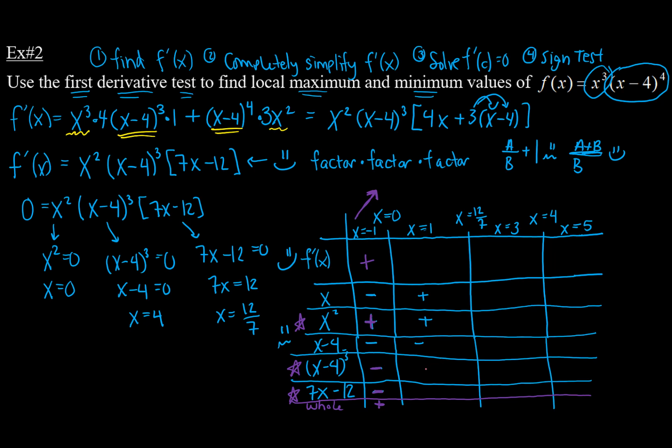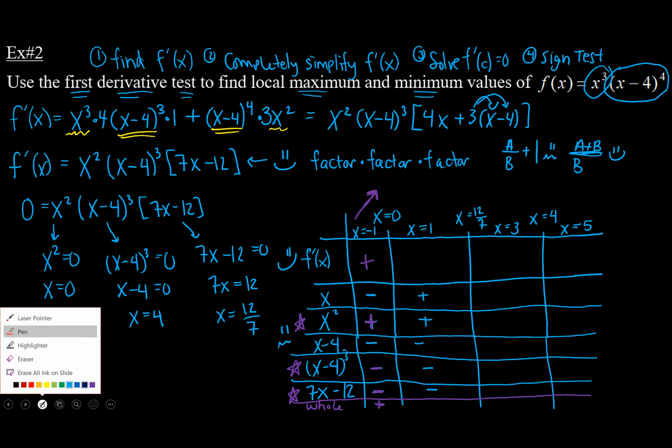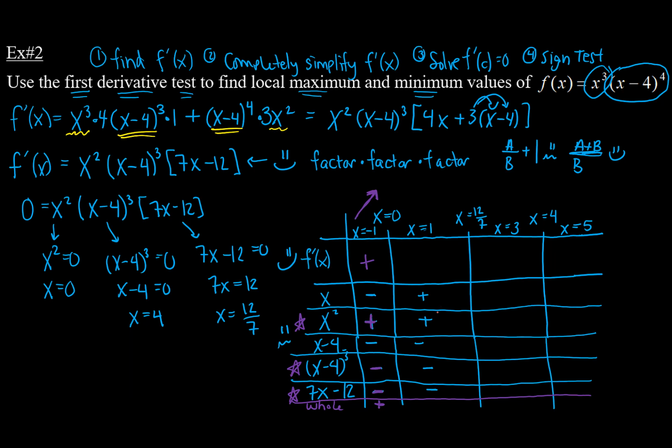Plug it into x minus 4 cubed, I get a negative number. Plug it into 7x minus 12, I also get a negative number. So again, we look at our cumulative effect. Here I've got a positive times a negative, and this is going to give me positive. So that means it's increasing on the other side of 0.